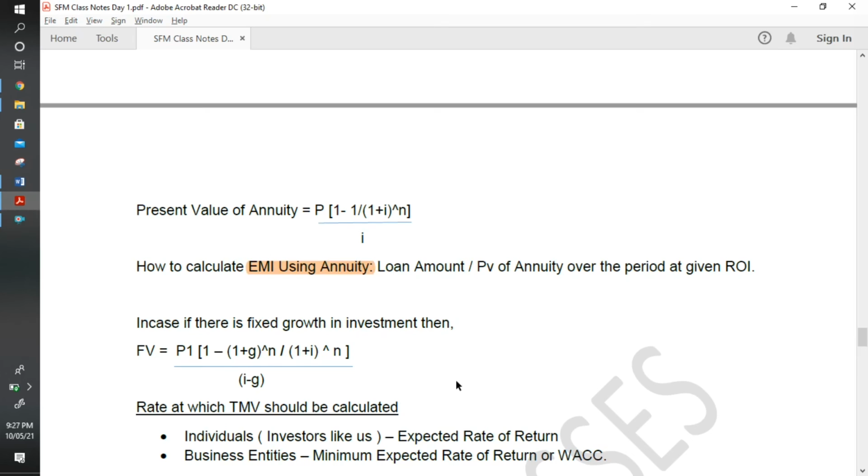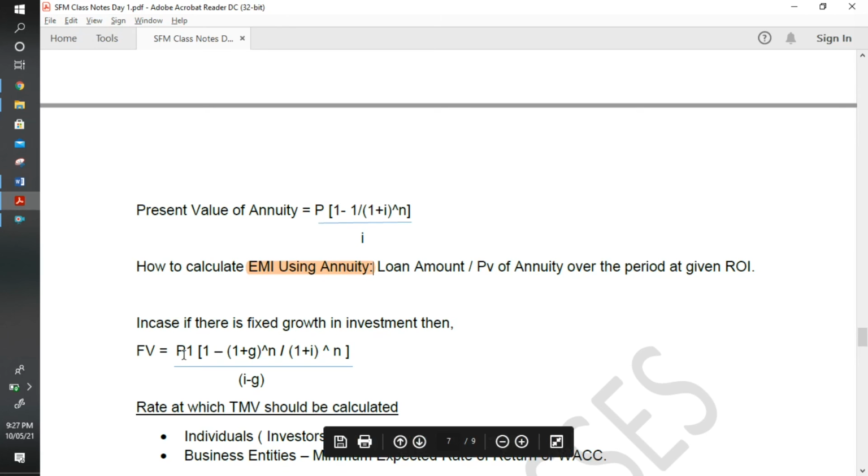To find out the EMI, we use annuity, because we are making a regular payment for a fixed period of time. So how will the EMI be calculated? The EMI will be equal to loan amount divided by the present value of annuity factor for the given period of time at the rate of interest.